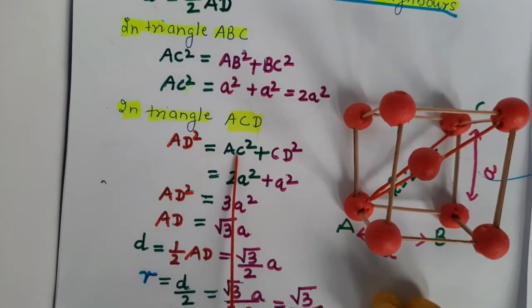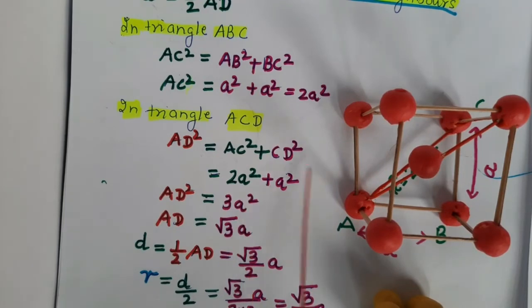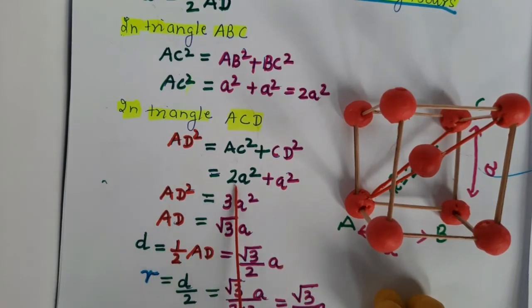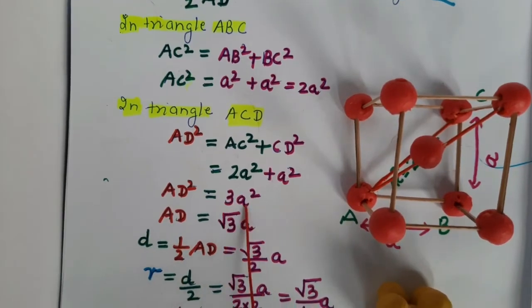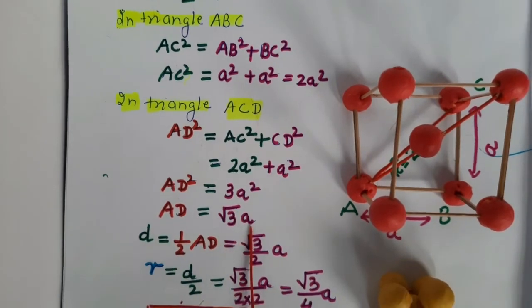Substituting the value of AC square here, AD square is equal to 2a square and CD is also an edge length, that is CD square will be equal to a square. So AD square will be equal to 2a square plus a square, that gives 3a square. So AD square will be equal to 3a square. Taking the root on both sides, AD will be equal to root 3 a.